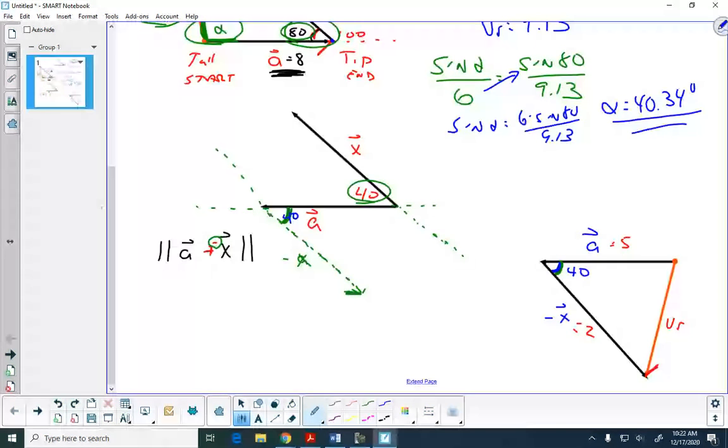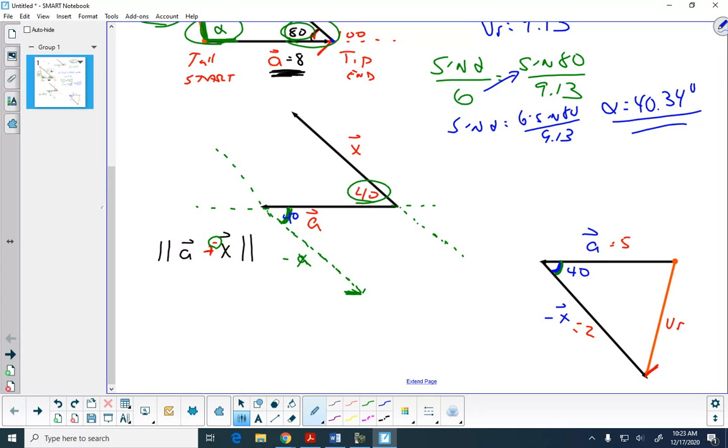Now, does anybody remember what we call those two types of angles? We have parallel lines cut by a transversal. These are a set of angles in the parallel lines. Complementary. No, not complementary. Those would be two angles that add up to 90 degrees. Is it supplementary then? No, those add up to 180.